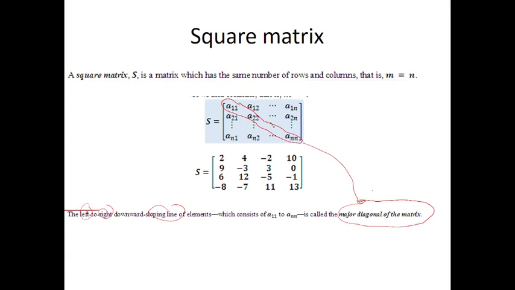In this example, these are the elements in the major diagonal of this 4 by 4 matrix. This is a11, this is a22, this is a33, and this is a44. These are the elements in the major diagonal.